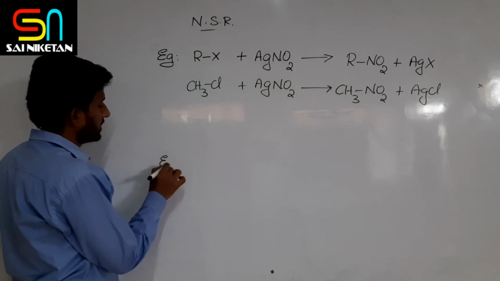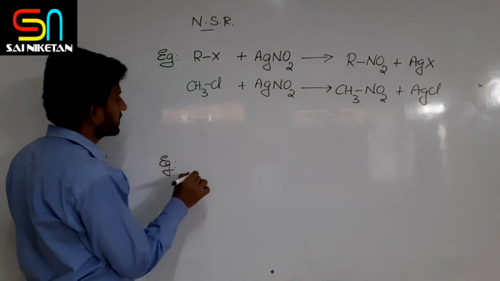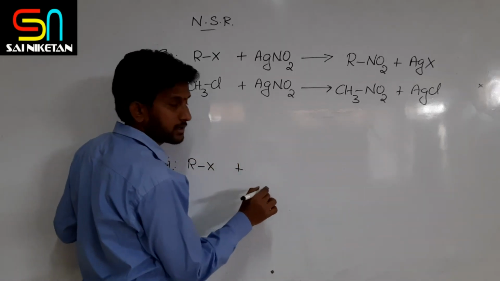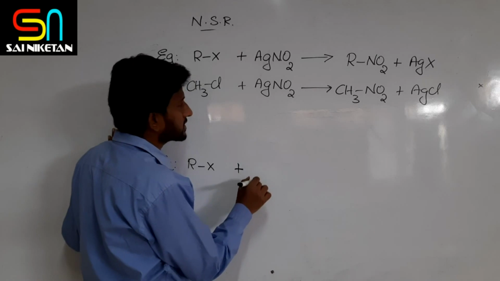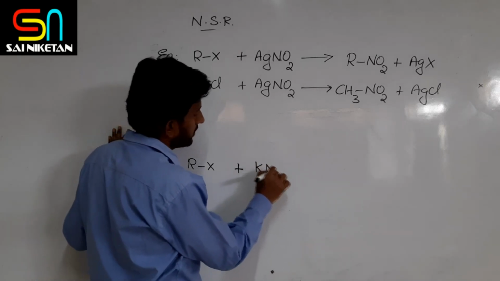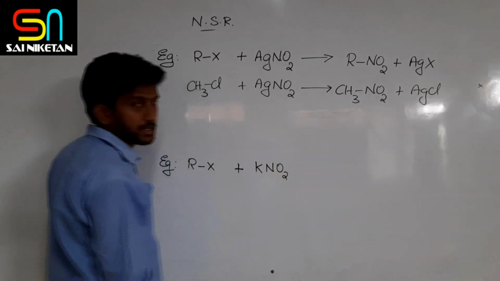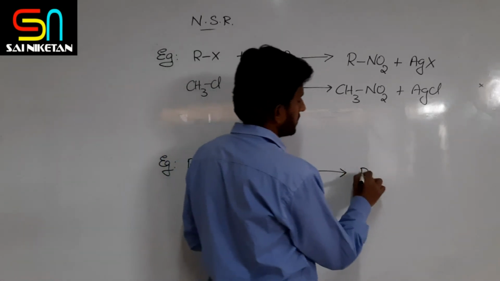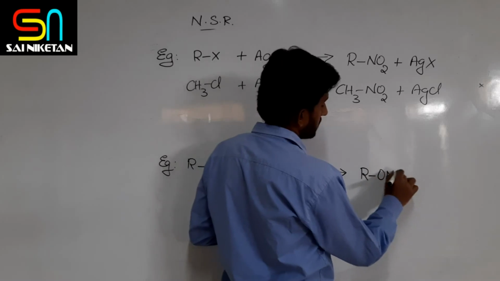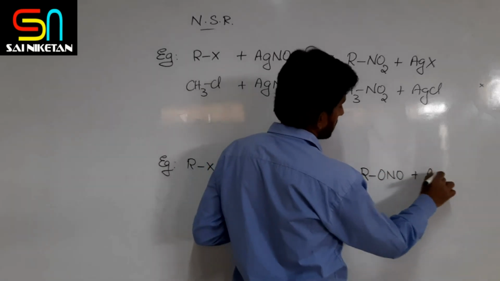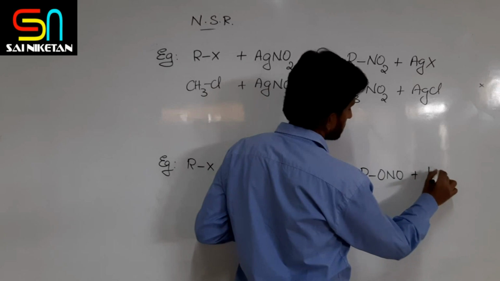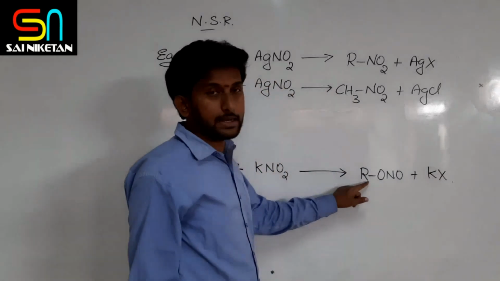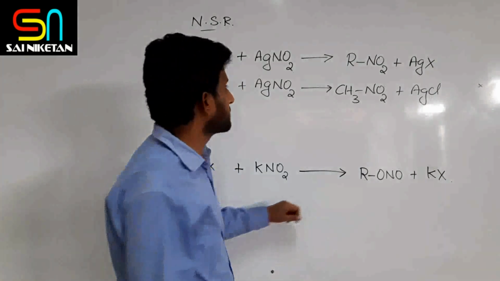Similarly, one more example let us take. RX plus, now the reaction we are considering is potassium nitrite. RX plus potassium nitrite gives rise to RONO, alkyl nitrites are produced.